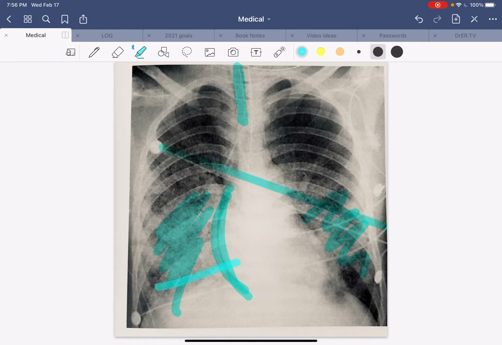Of course, it's got wires, so this is a portable film showing diffuse alveolar type infiltrates, or diffuse opacification of the air spaces on both lungs. This opacification, let me remove some of these so you can see it again, is uniform as opposed to a central distribution.